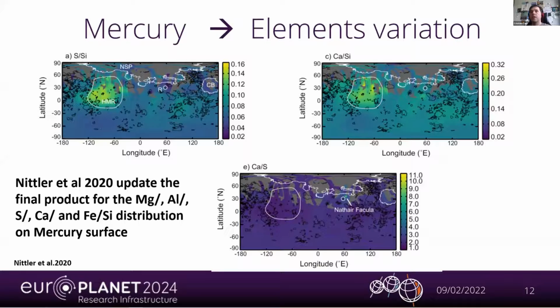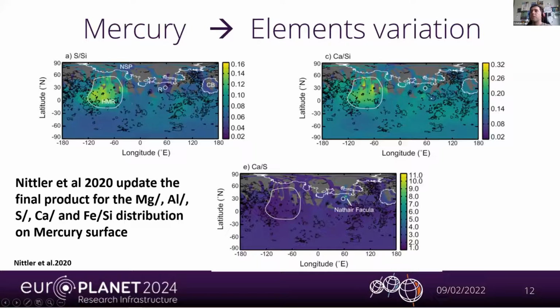And this is also peculiar, because Nathair Facula is a volcanic region with pyroclastic deposits, and so maybe one thought that volatile material could be present, and so the hypothesis that sulfur could be abundant in this region is instead misled by this ratio, because calcium seems to be strongly enriched in this region.